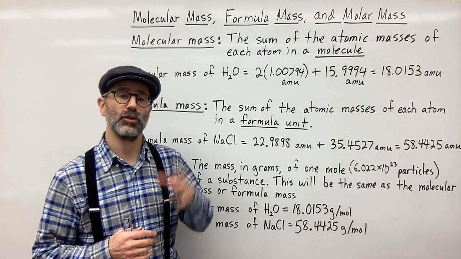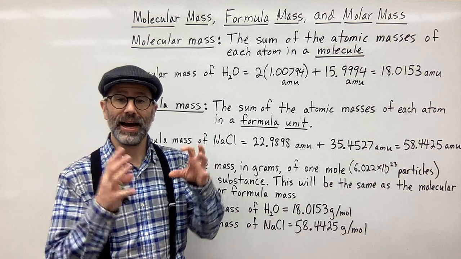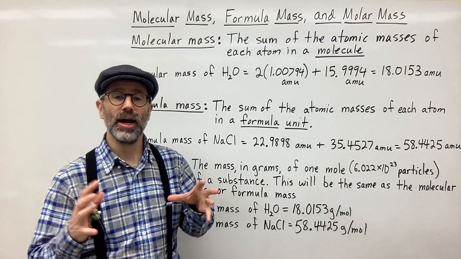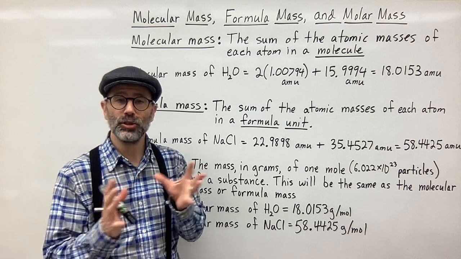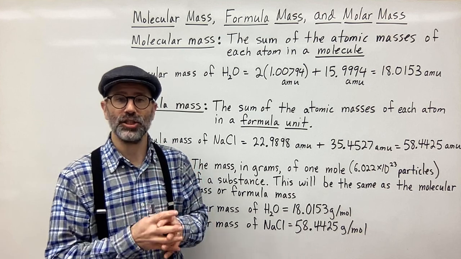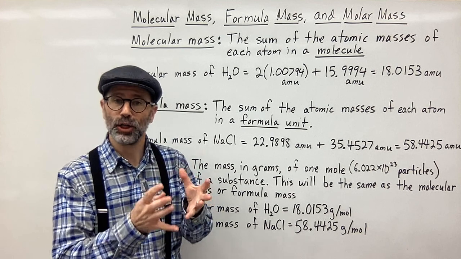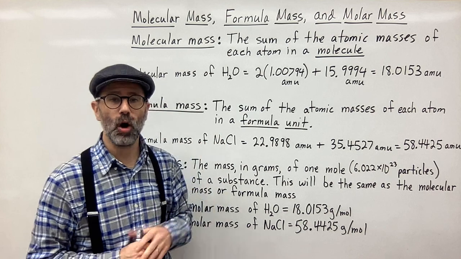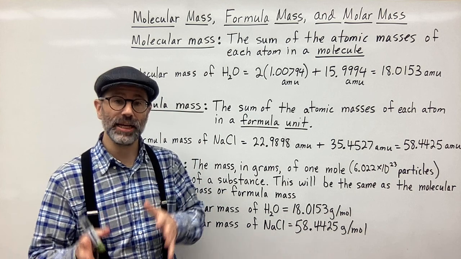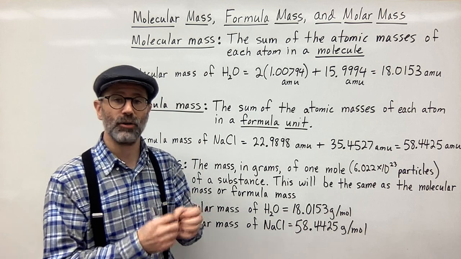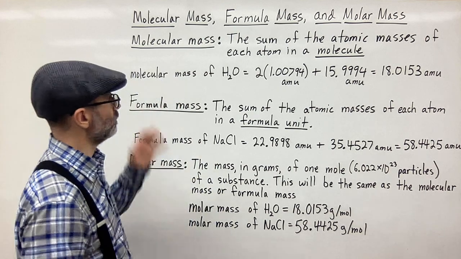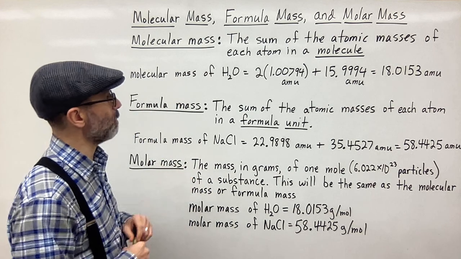Ionic compounds are ions bonded together, and they form a crystal structure where you can't really point to a particular unit in the structure and say, aha, this is the molecule of sodium chloride. But for something like water, there are discrete particles that you can pull out that have a particular formula. That's what we refer to as a molecule.